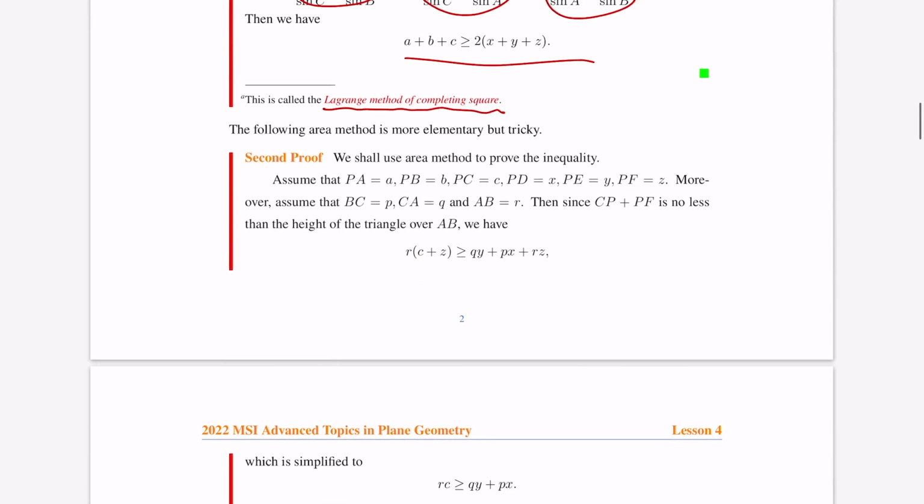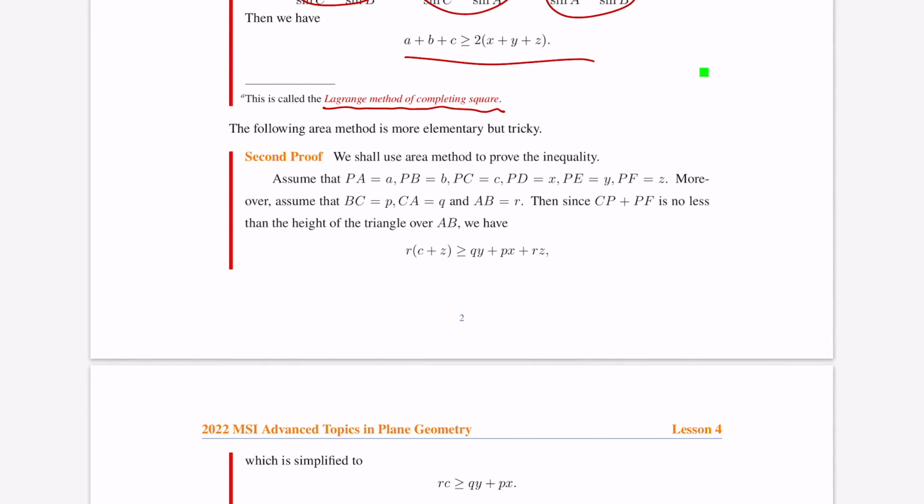Let me go to the second proof. The second proof is in spirit the same proof as the first one, but it contains a very nice trick. Number one, it looks more elementary. It does not require us to know trigonometry, but uses the area method.